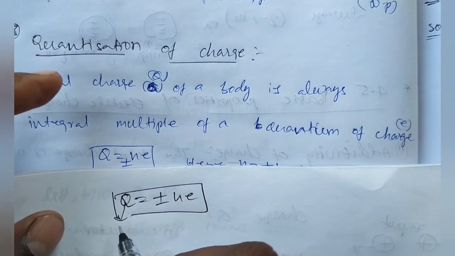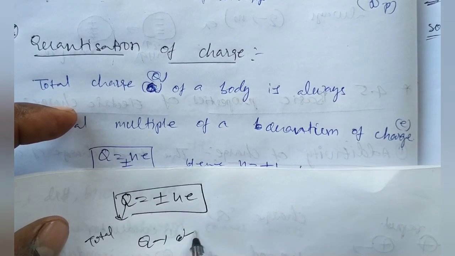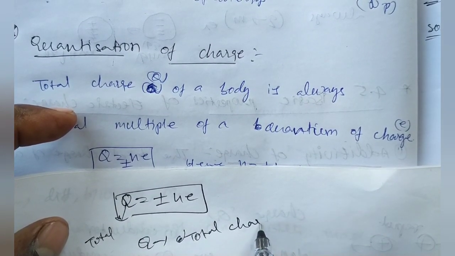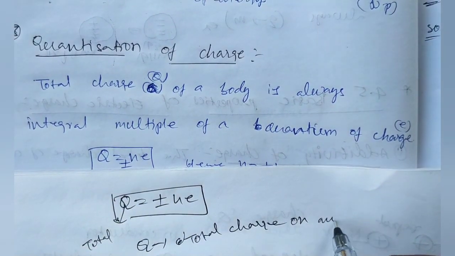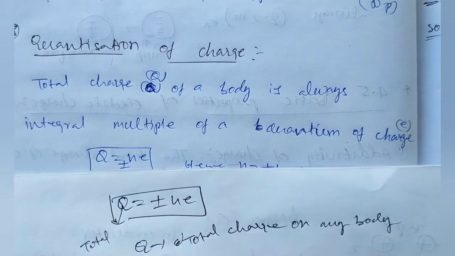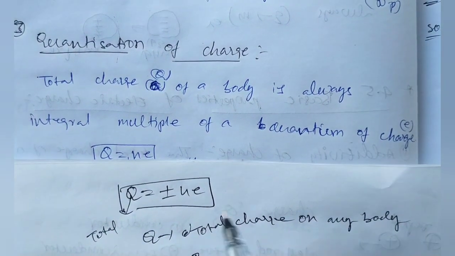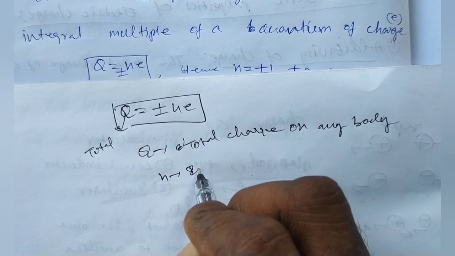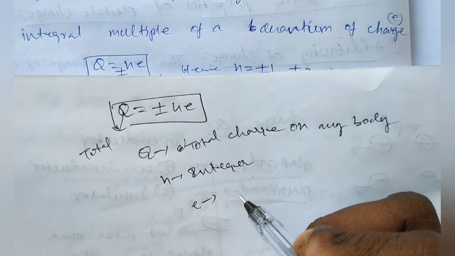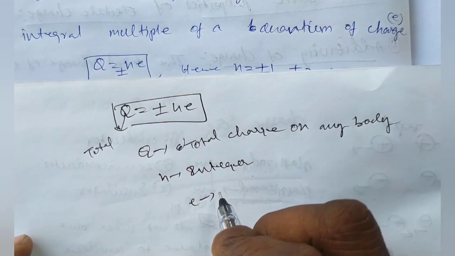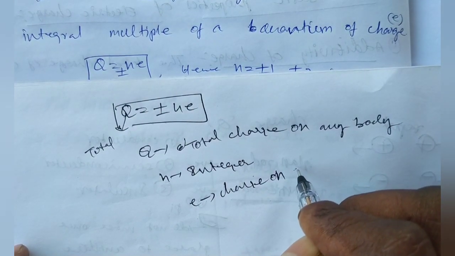Here Q is the total charge on any body. N is the integer. E is the charge on an electron. That is fixed.